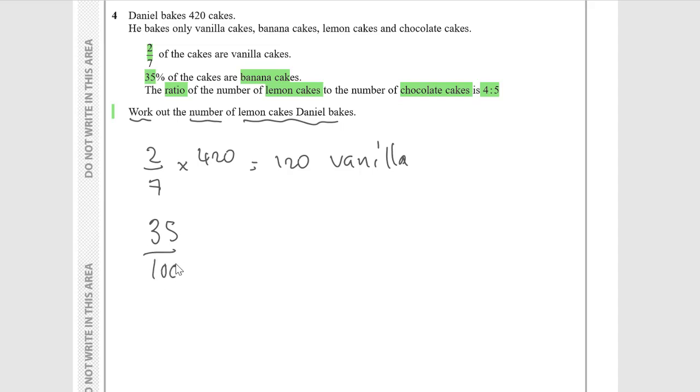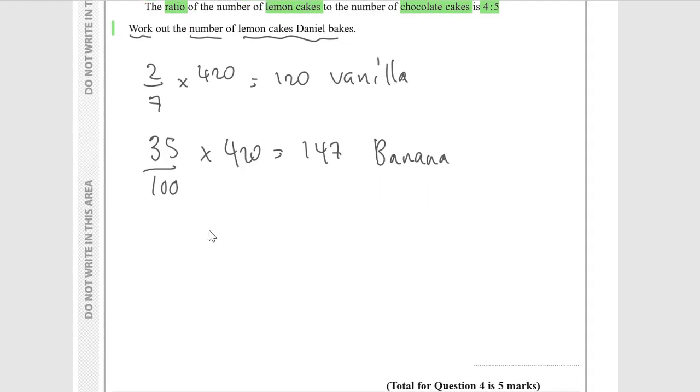So 35 over 100 times 420 gives us 147. So that's banana. And then we can say 420 subtracted by 120 from the vanilla and 147 from the banana will leave 153 cakes left.